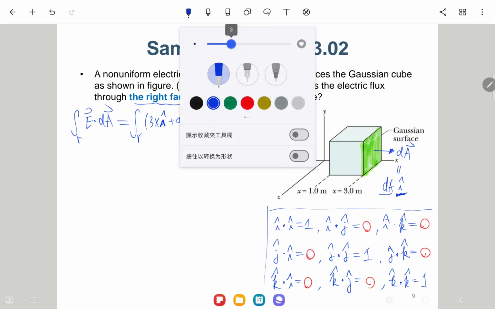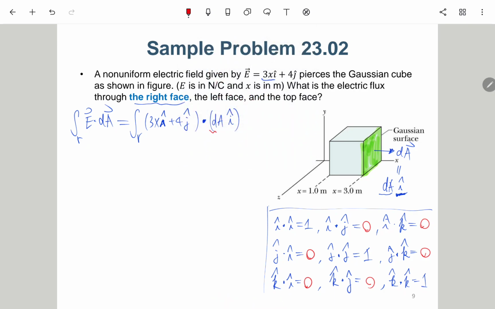So here we would like to calculate this: E dotted with dA. We distribute this one to here and distribute.